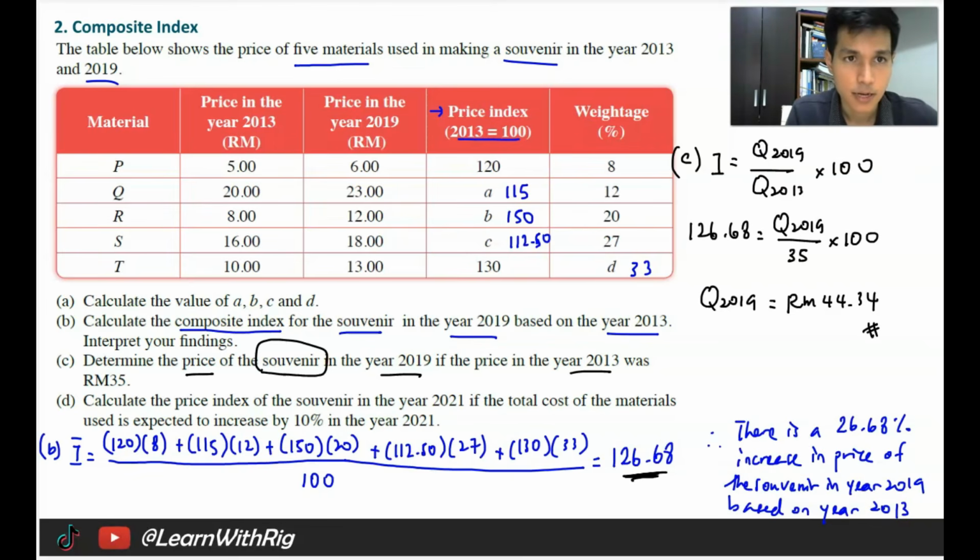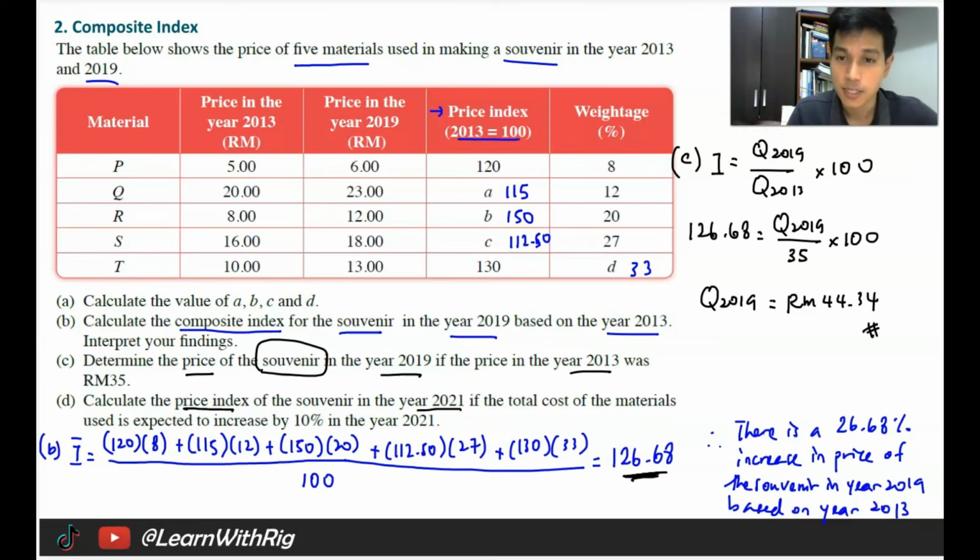Now let's look at the last question. Calculate the price index of the souvenir in year 2021 if the total cost of material use is expected to increase by 10%. So they're telling you the total cost increase, right? So what's the price index? You don't even have to count.